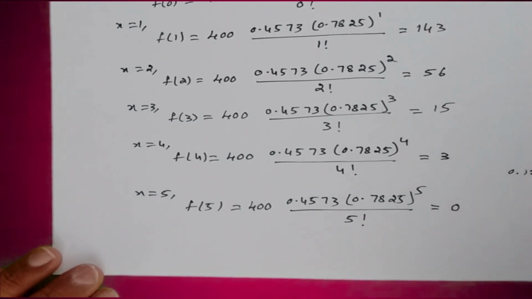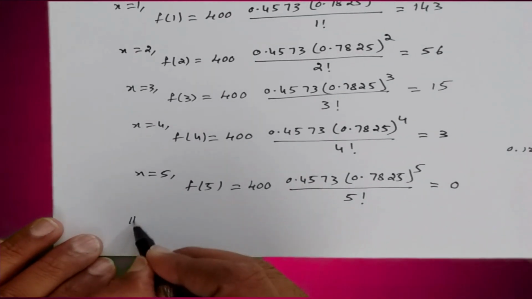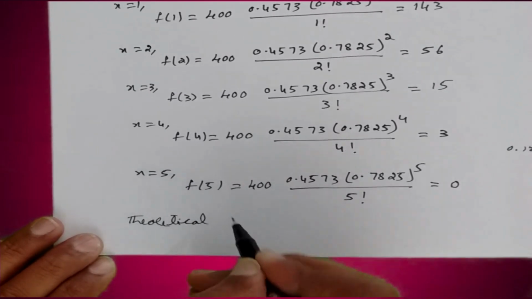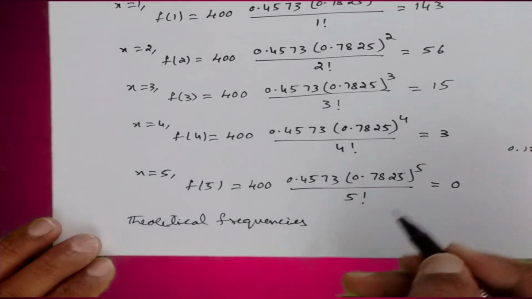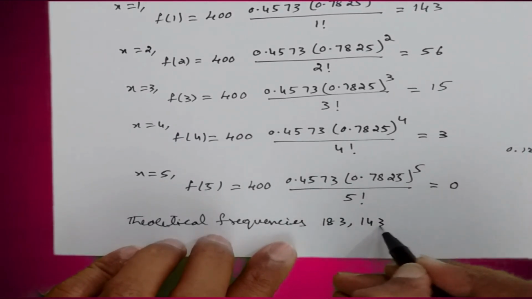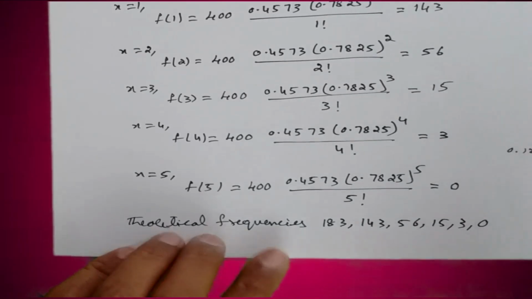So if you round it off, you might get 0. So therefore the theoretical frequencies are: the first value is 183, the next is 143, 56, 15, 3 and 0.